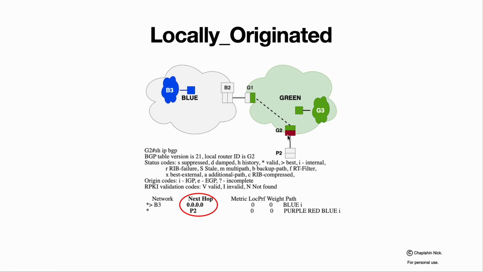So router G2, for example, operates and advertises outside itself as a next hop to the G3 network to all peers. Then this is a locally originated network, and this is very important.